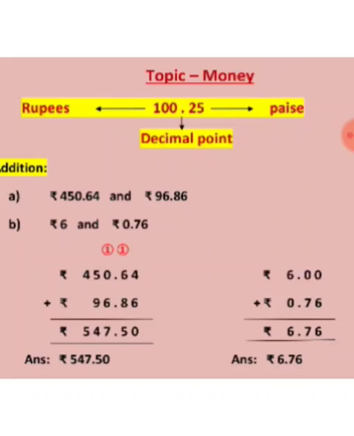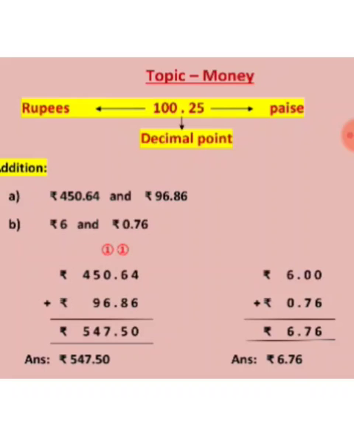You know how to do addition of decimal numbers? In case of money, money is also represented in the form of decimal. So the process of doing addition of decimal numbers and money is the same.